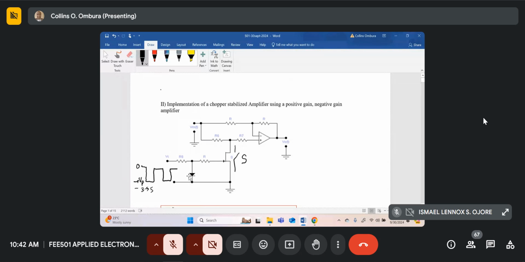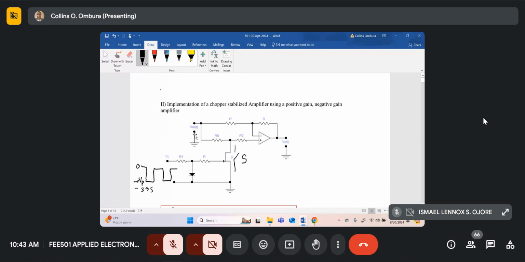So I've just done the same implementation. This is just the circuit we're analyzing. This is your FET switch over here. So when the switch is closed, output is input times minus 1. Switch open, output is equal to input times positive 1.